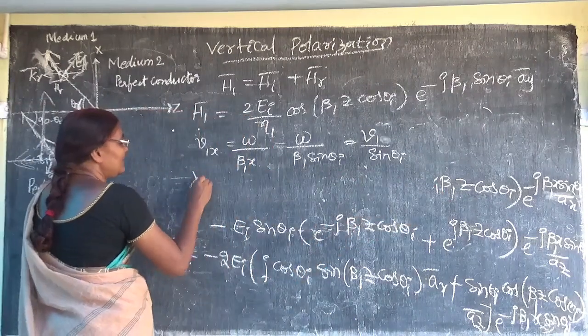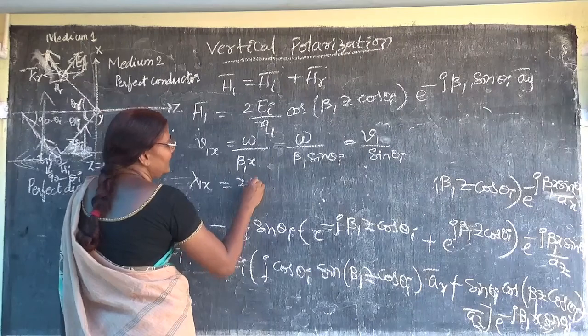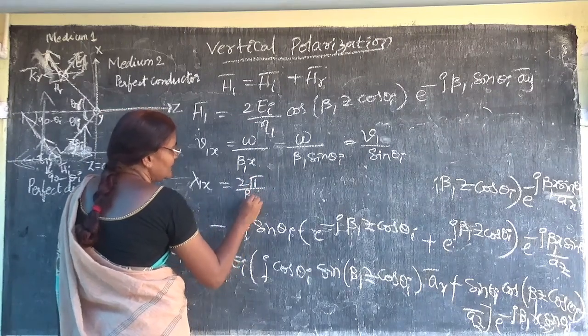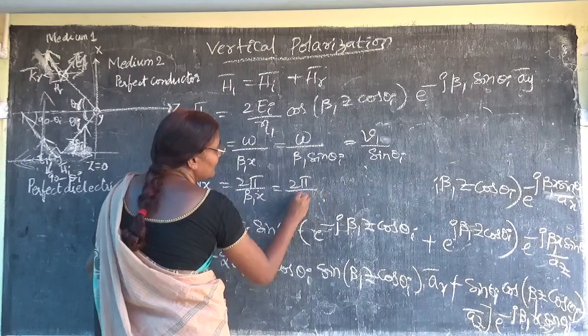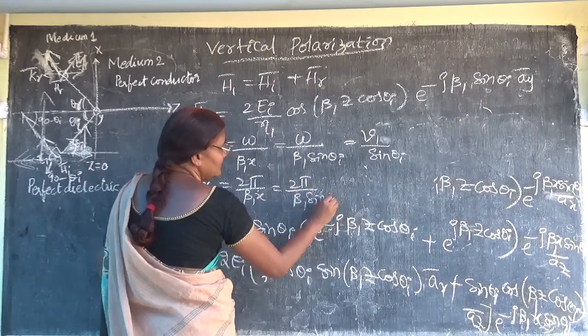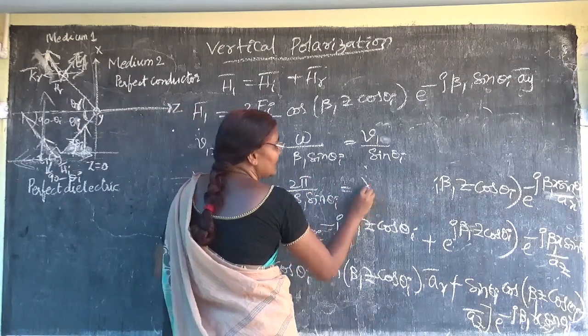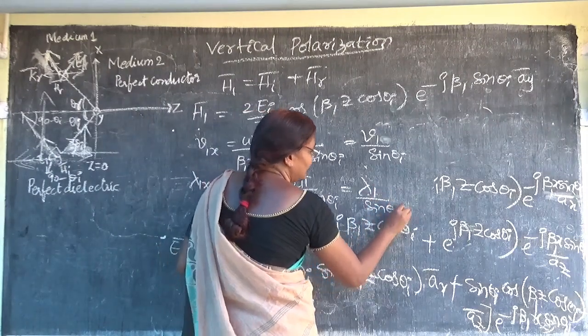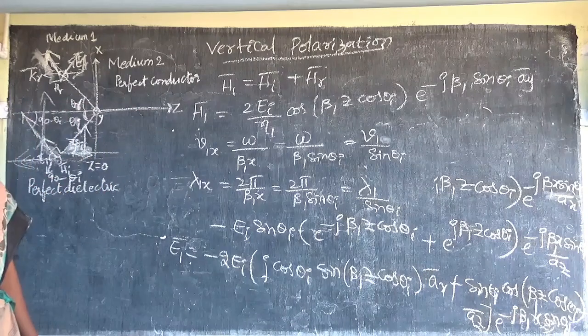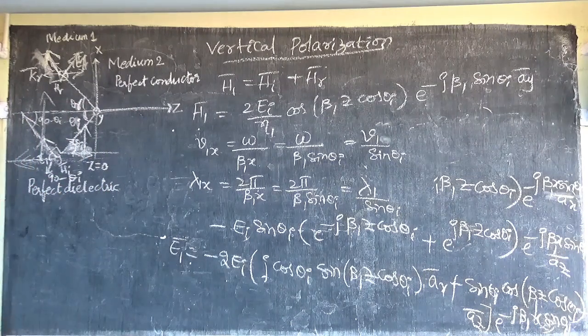What is my lambda 1x? 2 pi by beta 1x. So this is 2 pi by beta 1 sin theta I, which is nothing but lambda 1 by sin theta I. So this is the conclusion we get with the vertical polarization.